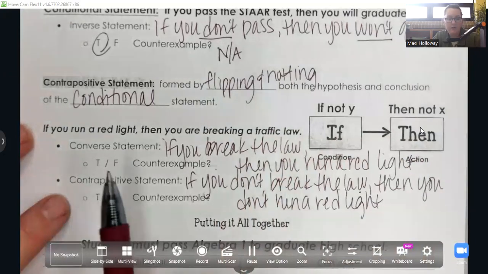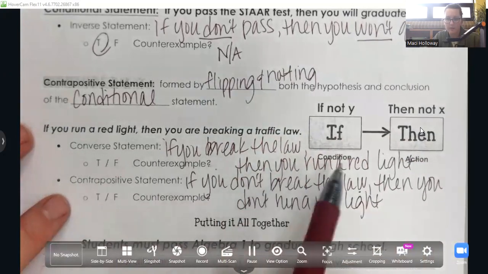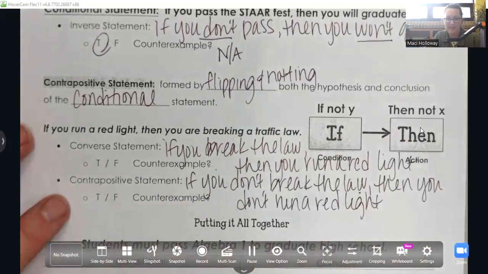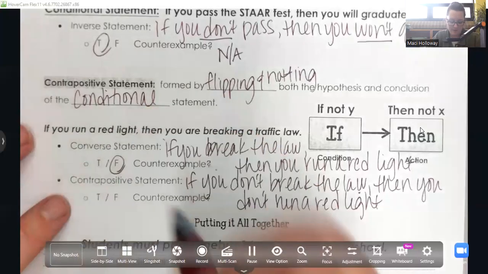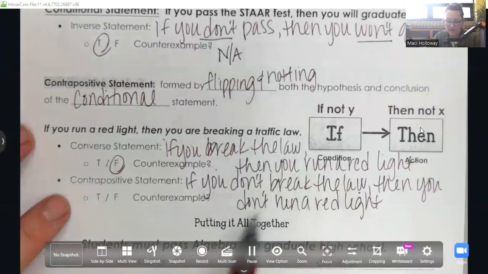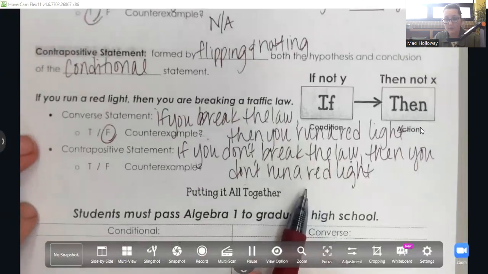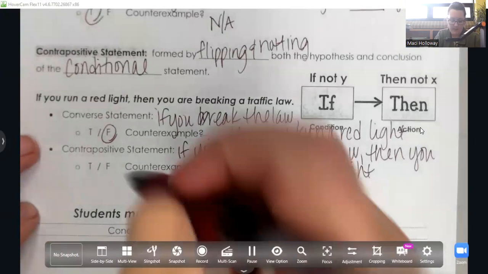So let's see if we can find a counterexample. If you break the law, then you run a red light. Well, I can think of plenty of other ways to break the law by not running a red light, right? So that one's false. If you don't break the law, then you don't run a red light. Well, that is true.